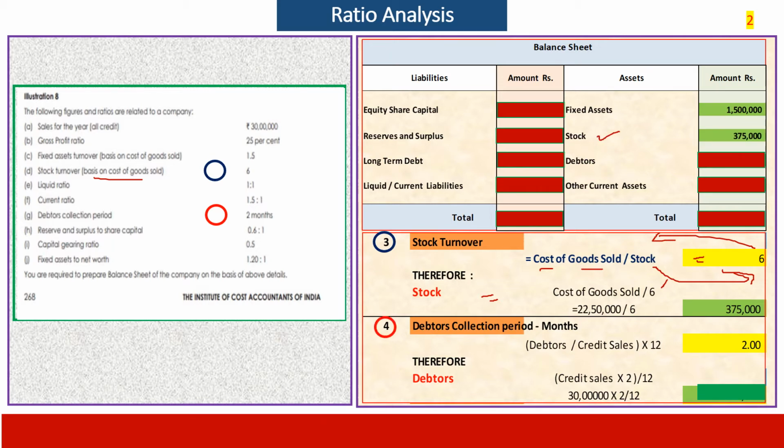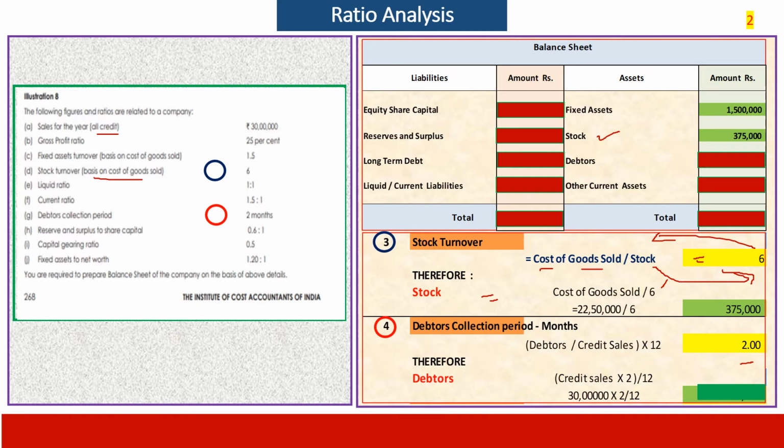Then going to the next point, debtors collection period. Sales is presumed to be fully credit sales as indicated here, all credit. Debtors divided by credit sales into 12 is equal to debtors collection period.